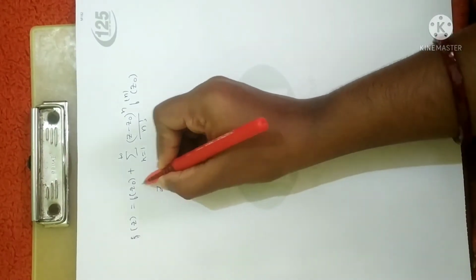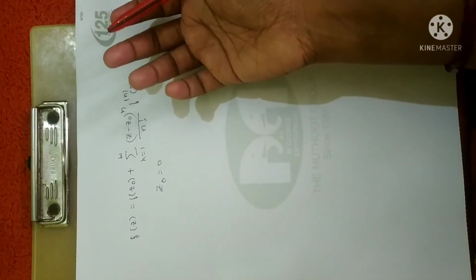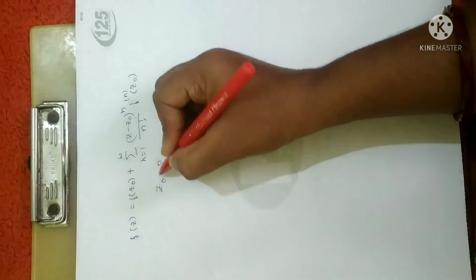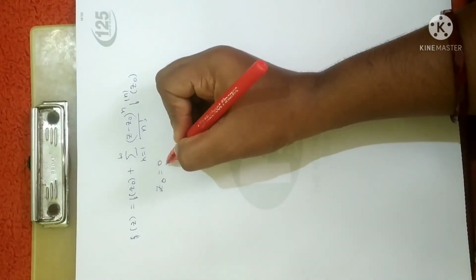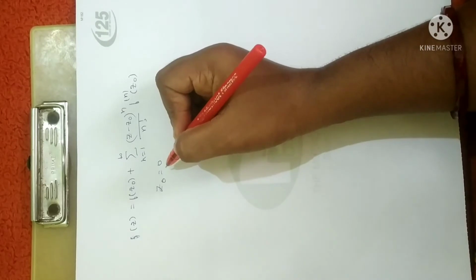Suppose you take z naught as 0. As usual in series that you already learnt in UG classes, whenever you replace the initial value with 0, the Taylor series reduces to the Maclaurin series.